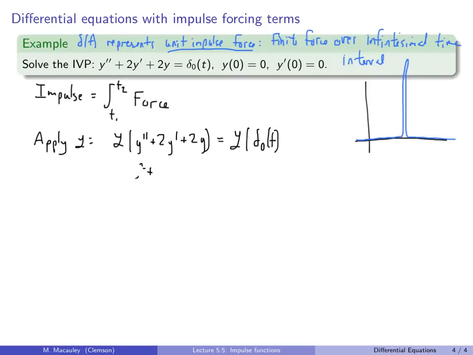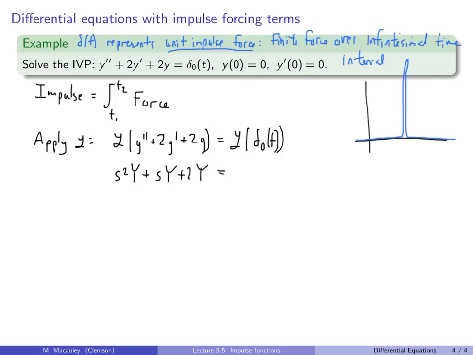I'll write it out. This is going to be s squared Y plus 2sY plus 2Y. Again, we don't have those other terms that we have to subtract off because these are both 0. And on the right-hand side, we just get 1.